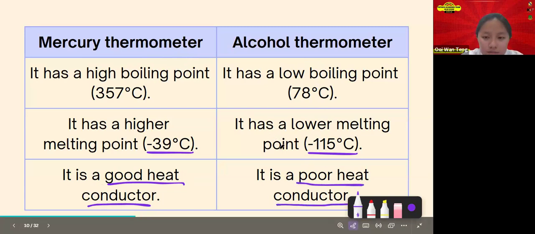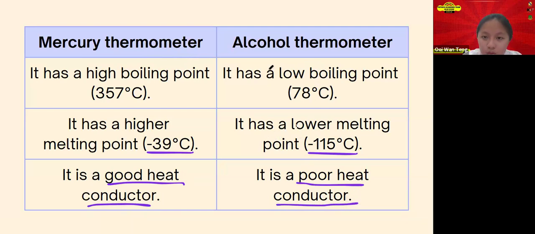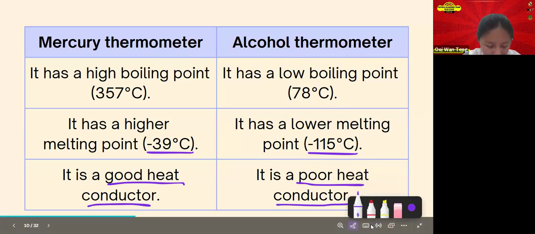Now, I'd like to explain something. So when you see here, alcohol thermometer has a lower melting point, which is negative 115 degrees Celsius. Sorry, wait.